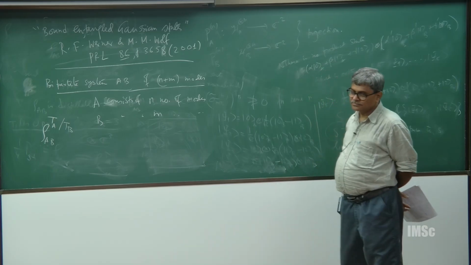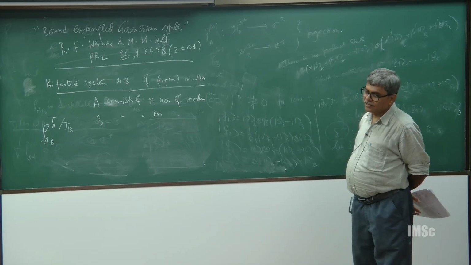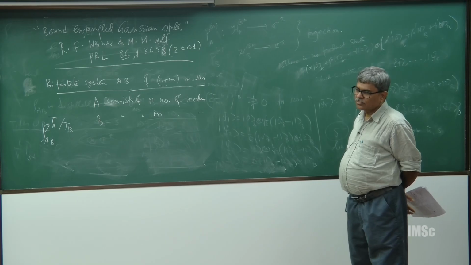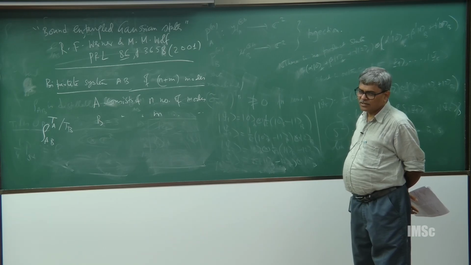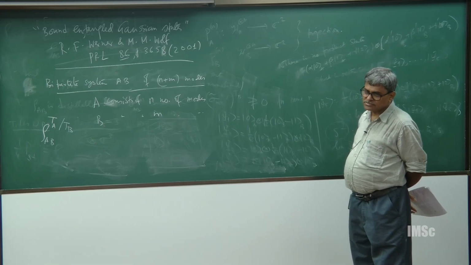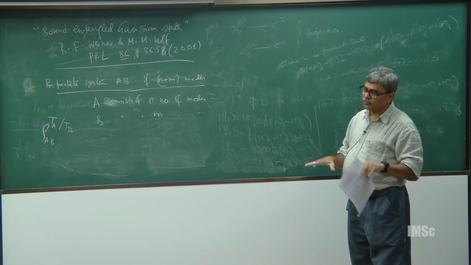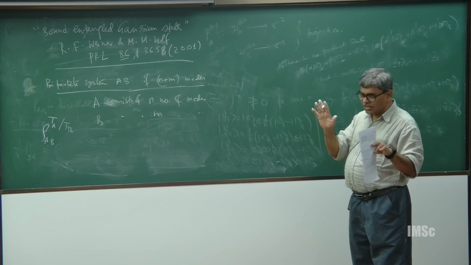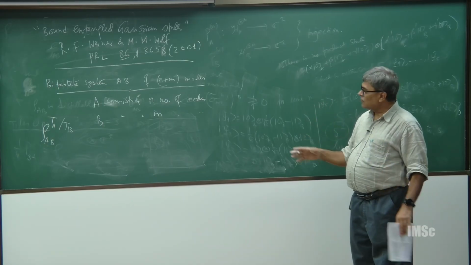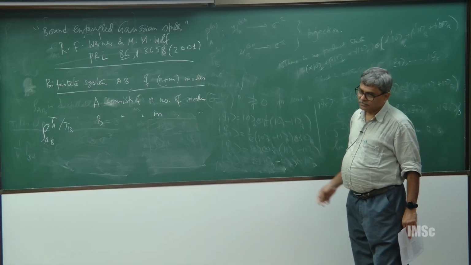It is not a direct product. Think of it as quantized one dimensional harmonic oscillators. That's it. So, how many such oscillators are there? n plus m. Okay.